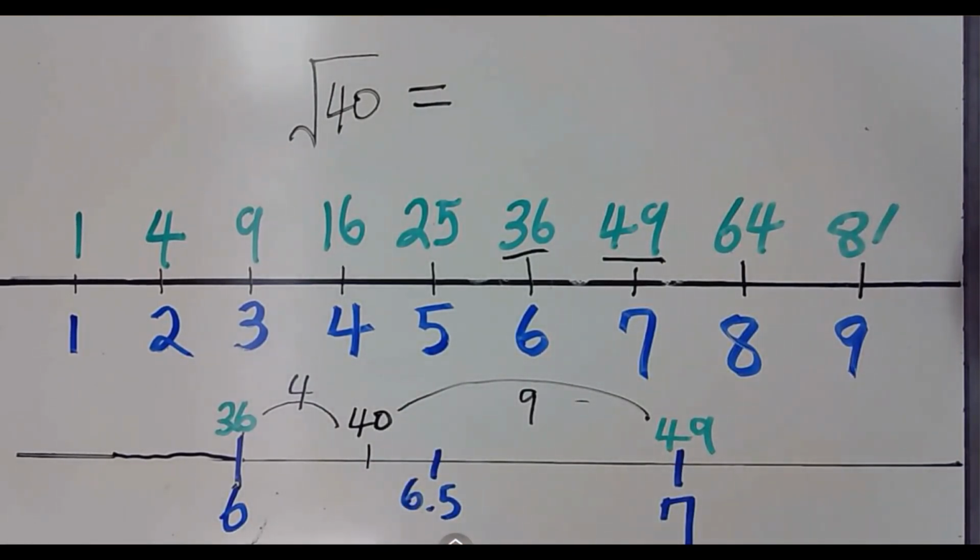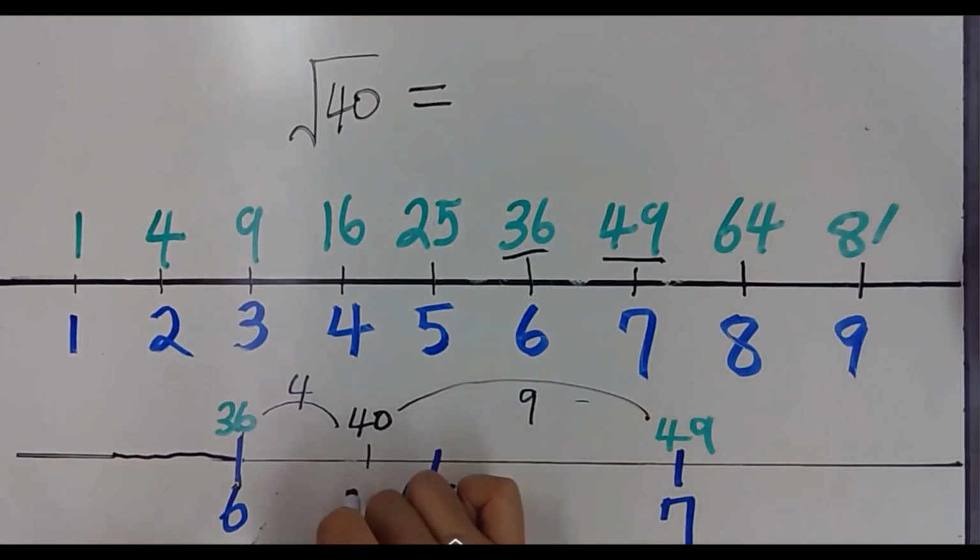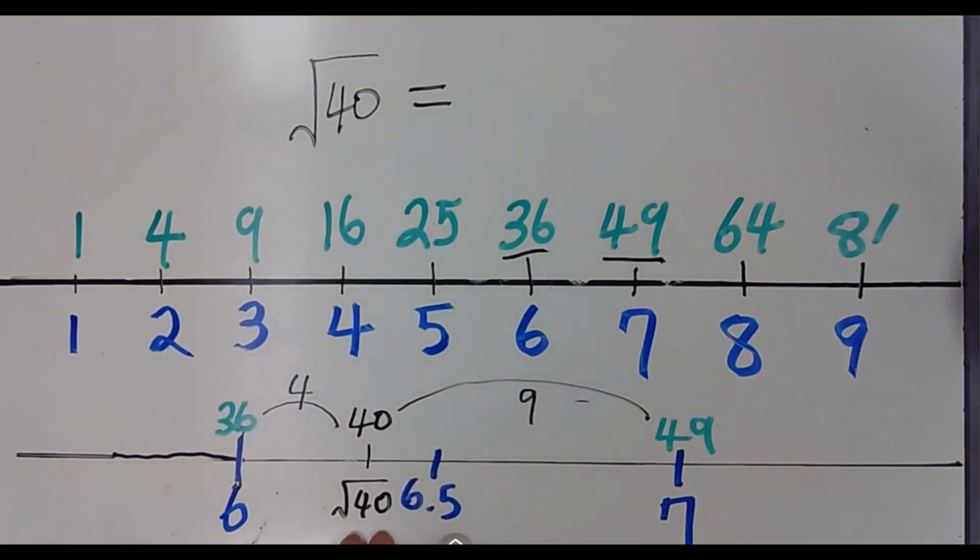So 40 is much closer to 36 than it is to 49, which means that square root of 40, which will be underneath here, is going to be slightly closer to 6 than it is to 7.